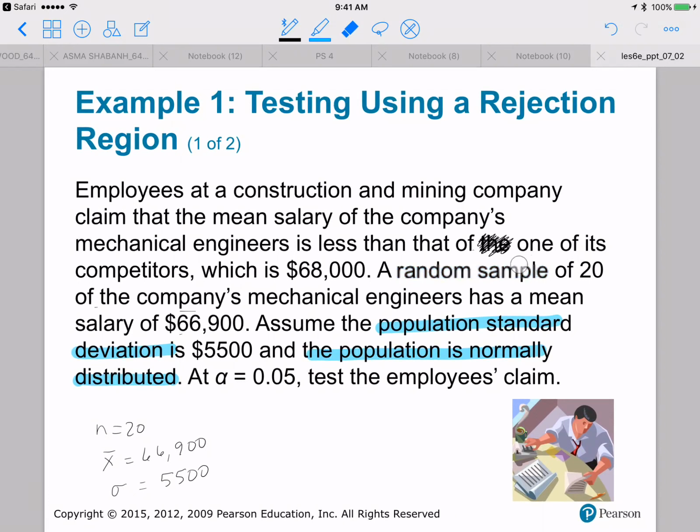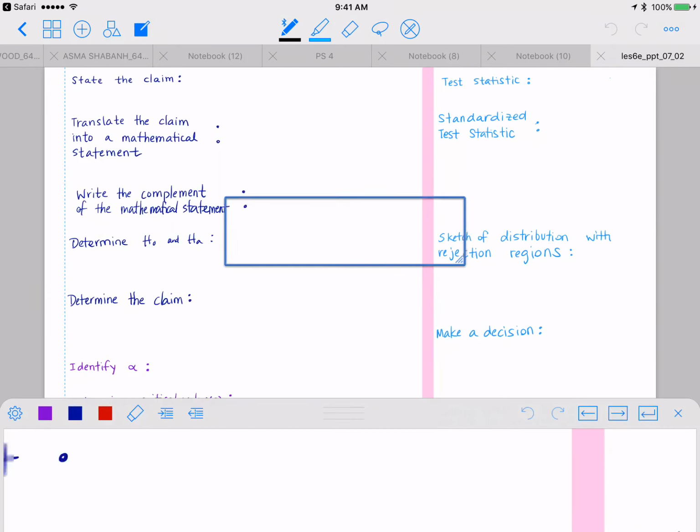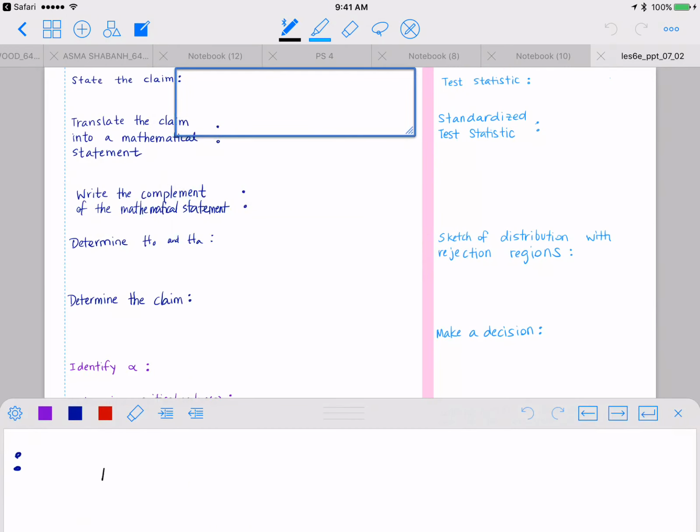And now let's determine our null and alternative hypotheses. So let's try to find our claim. So what is our claim? Employees at a construction and mining company claim that the mean salary is less than $68,000.